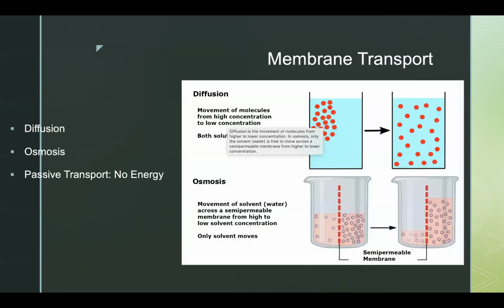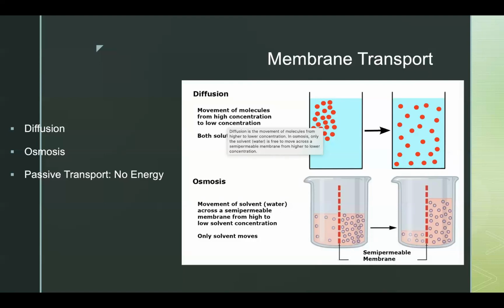The two main modes of membrane transport are diffusion and osmosis. Jot these down: diffusion and osmosis. By definition, diffusion is the movement of molecules from an area of higher concentration to lower concentration. You need to know this definition.